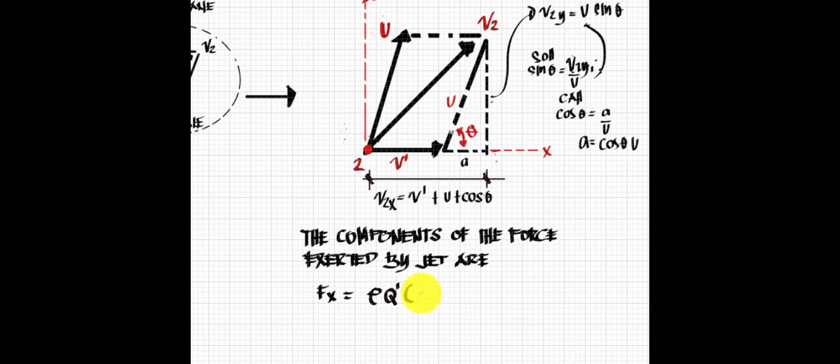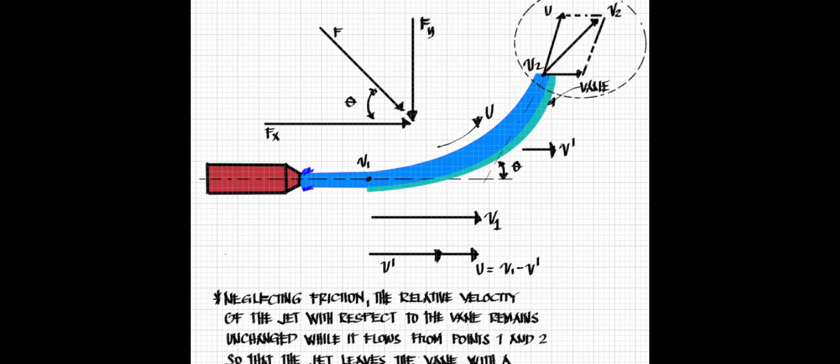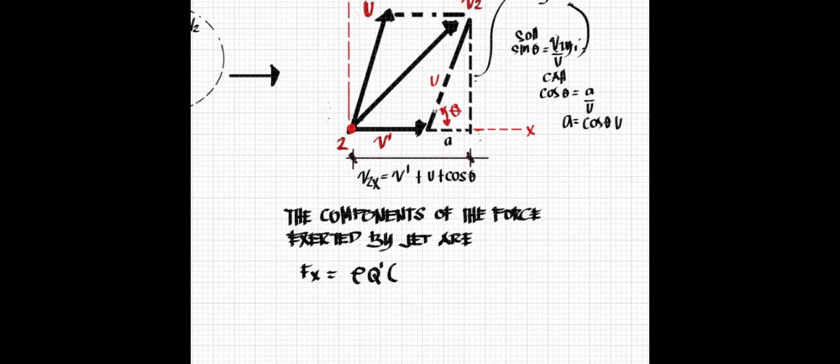Then we have the change in velocity, from your V1x. Refer to the figure. So we have V1 at x. Since it is traveling along the path of the jet, it's the same as the velocity that we get here. So we have your V1x minus the V2x.